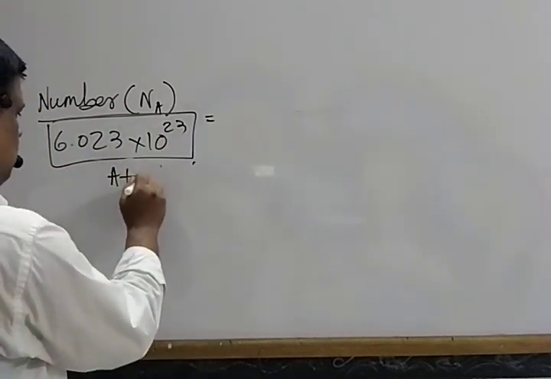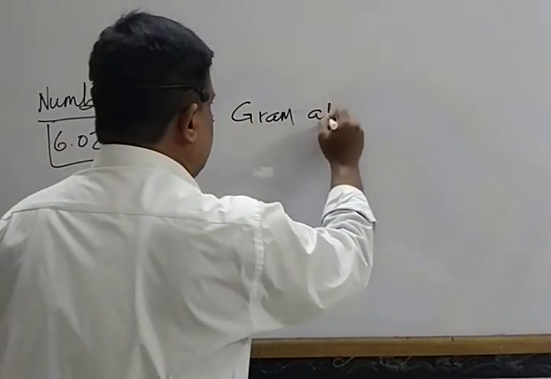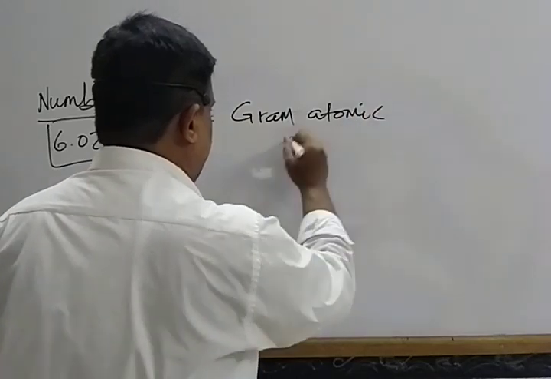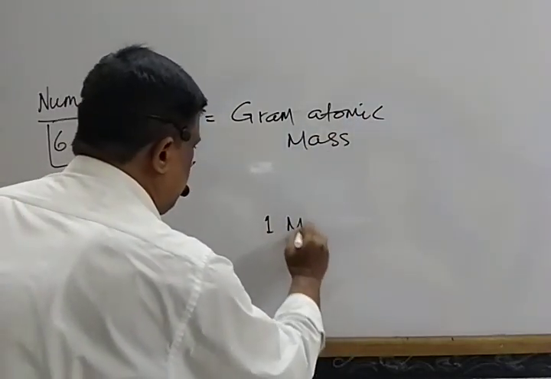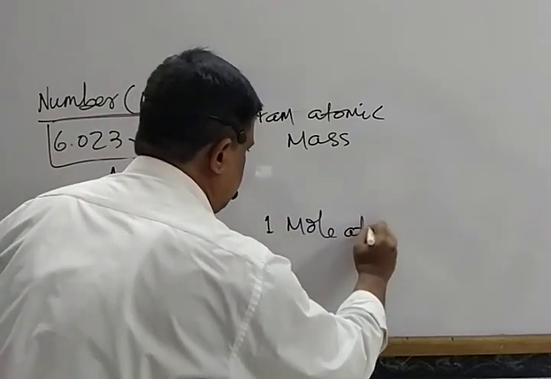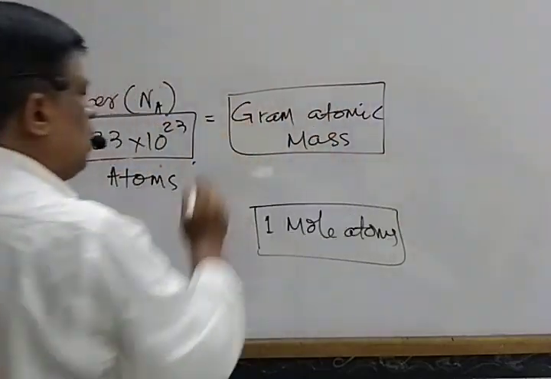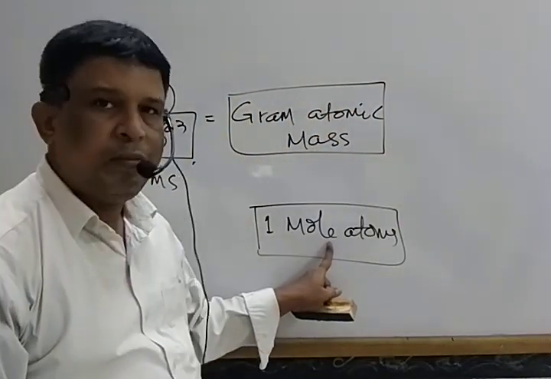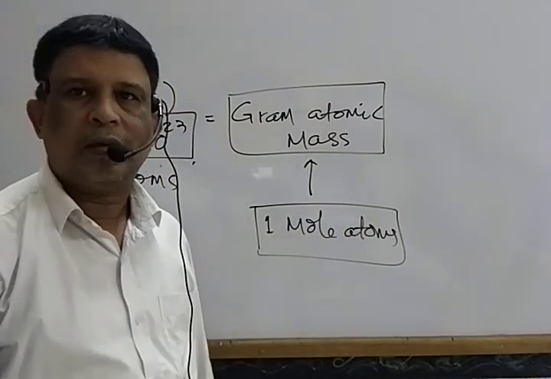Number of atoms is equal to gram atomic mass. This is equivalent to 1 mole of atoms. Mark that, this is the relationship. The mass of 1 mole of atoms is known as gram atomic mass.